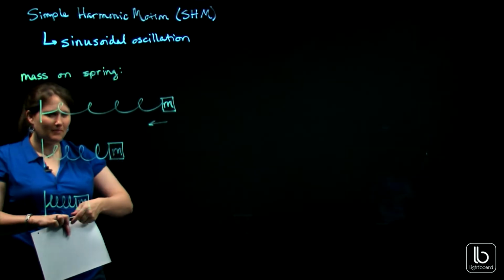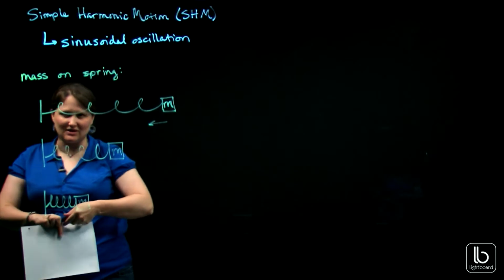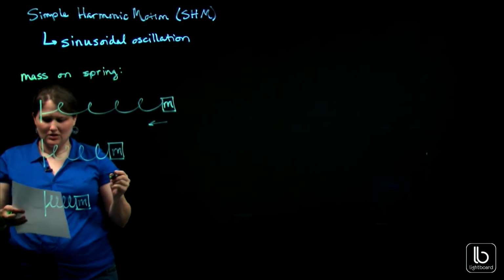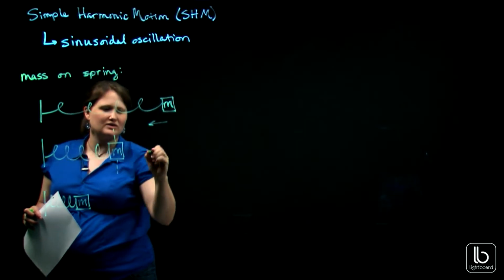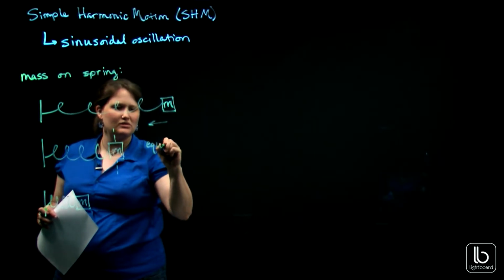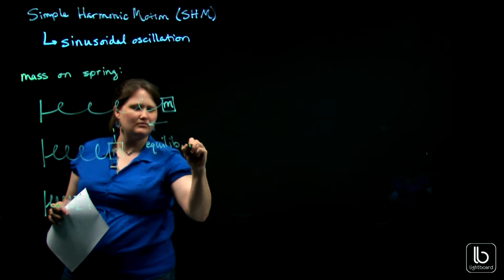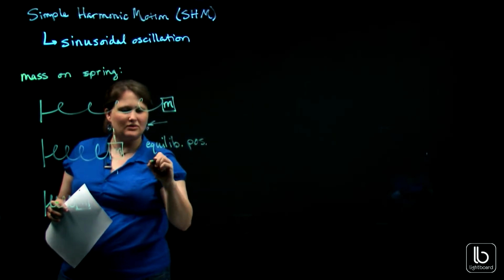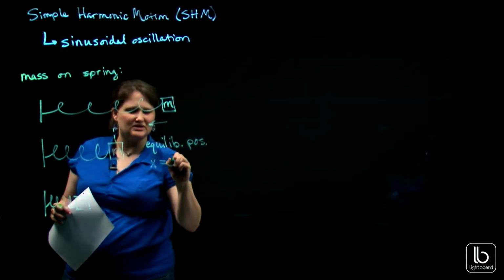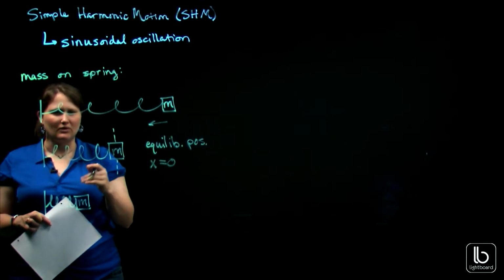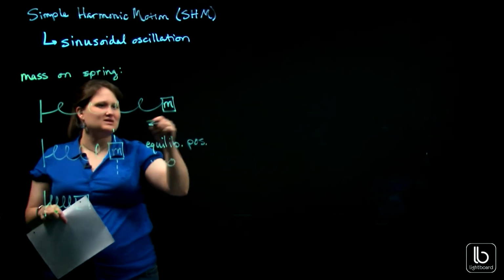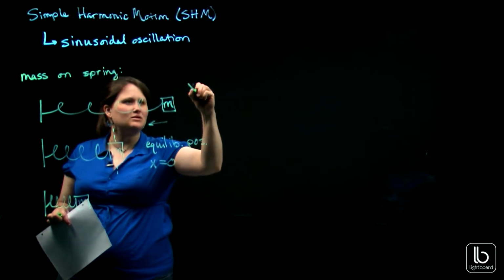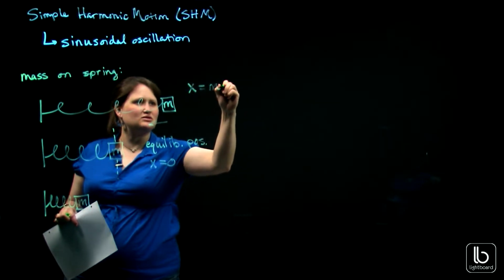So we're going to do kind of the same thing we did with the pendulum. So in this case, again, we're going to call this our equilibrium position. So in other words, we're going to say x equals 0 here. This is where we're at 0. Here, I'm going to say this is my maximum position.